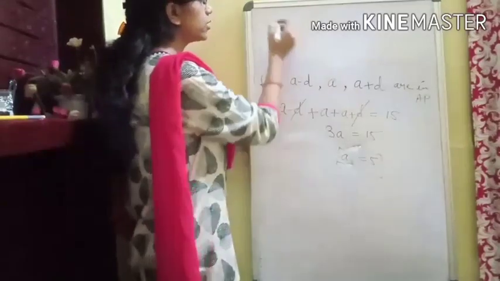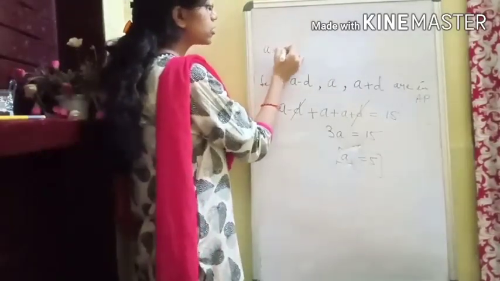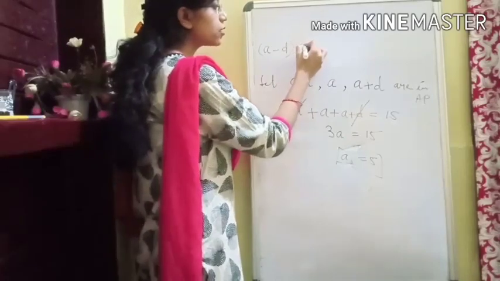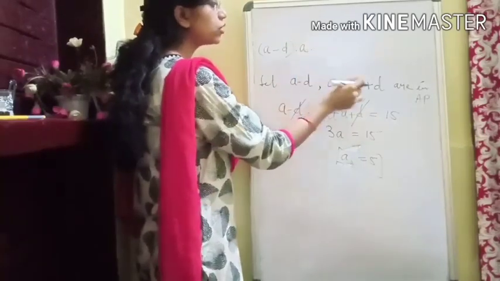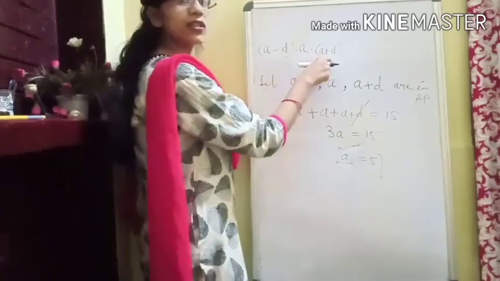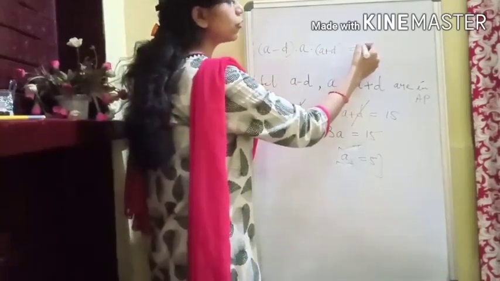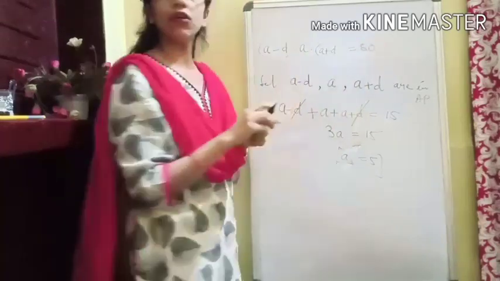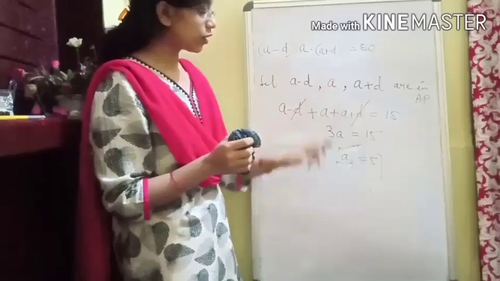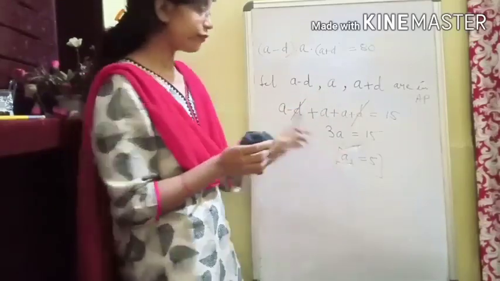Now their product: the first term, which is a minus d, into the second term, which is a, into the third term, which is a plus d. So here we have written the product, and it is given equals 80. So this is the condition. Now let us proceed further. Remember that a is coming out as 5.